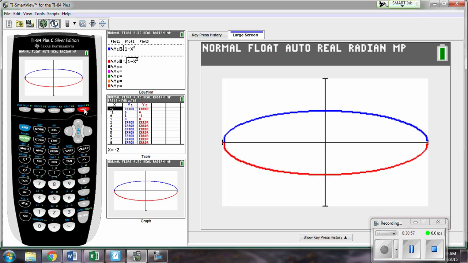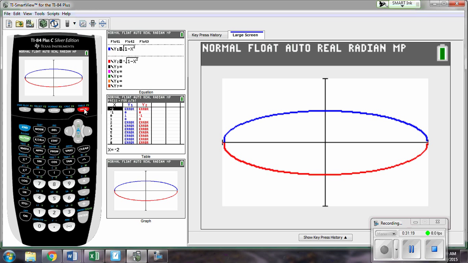When we look at this, we know that the calculator is using the equation for a circle, but it doesn't look like a circle. It looks like a flattened out ellipse. Our task is to figure out not just how you change a window to make it look like an ellipse, because once again, we know that this really is a circle. Based on the equations, it's a circle.